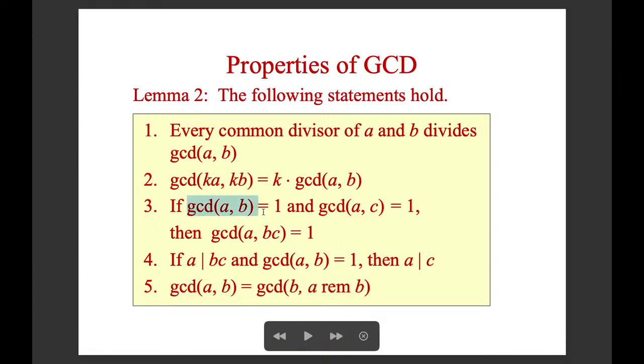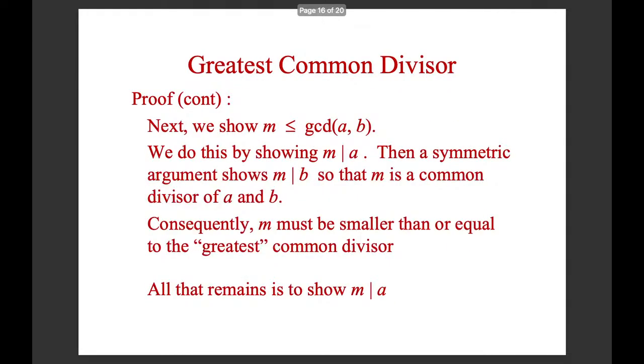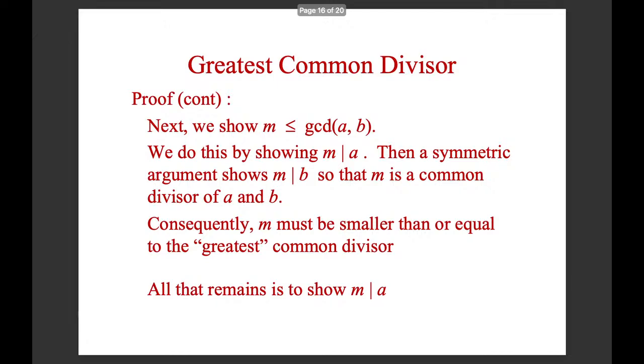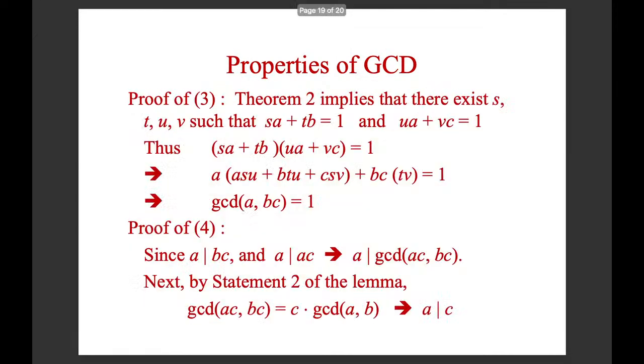This one turns out to be easily shown if we know the property here, the smallest positive linear combination property for a GCD. Because GCD of a and b is equal to 1, there exist s and t such that 1 can be written as a linear combination of a and b.